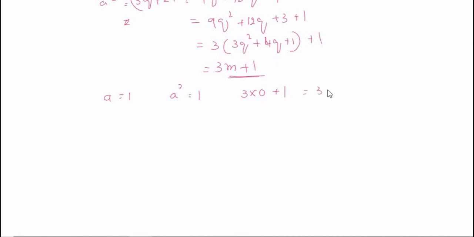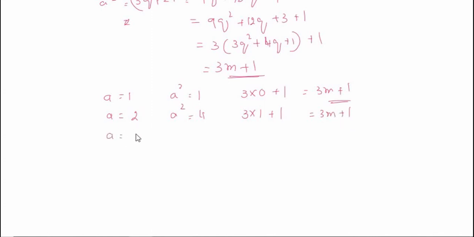So it is 3m plus 1 form. Let us take a equal to 2. When a equal to 2, a square is equal to 4. So this can be represented as 3 into 1 plus 1. So here m equal to 1. So it is 3m plus 1 format.